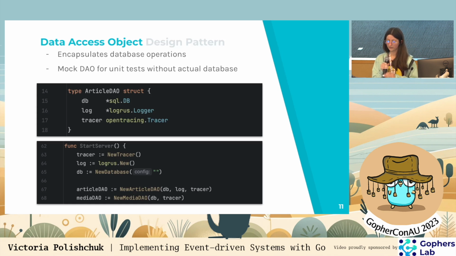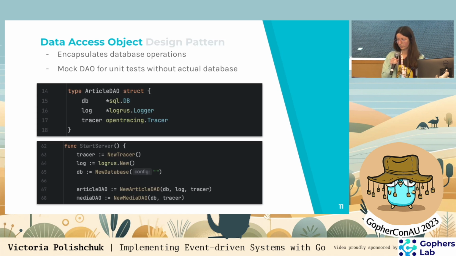So let's take a look at the start server function. Here we initialize tracing, logging, and establish a connection with the database. And then we are going to create a DAO. First, we are going to make an article DAO. Article DAO will contain all the methods for working with article data.